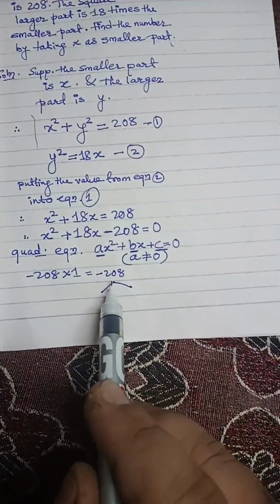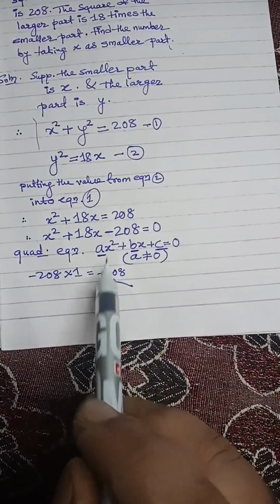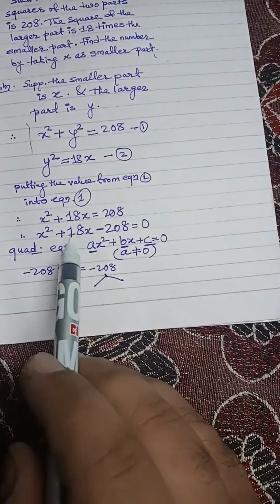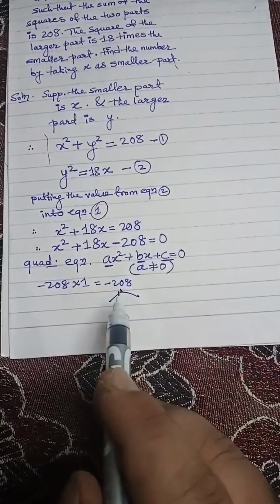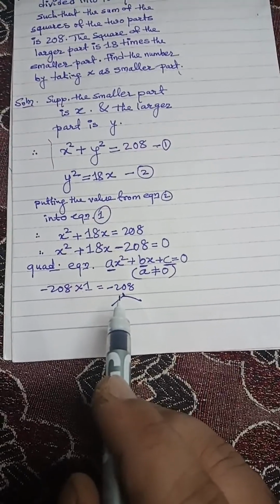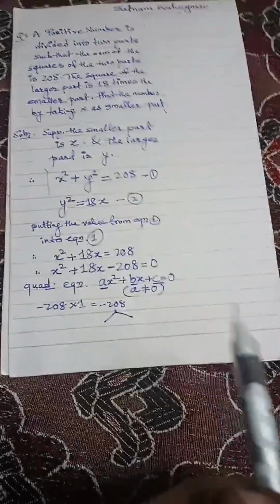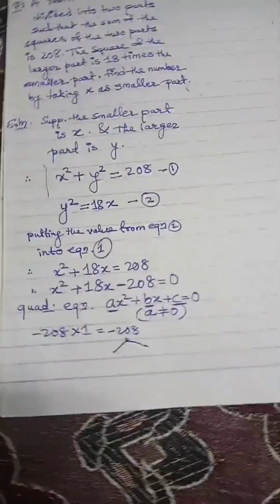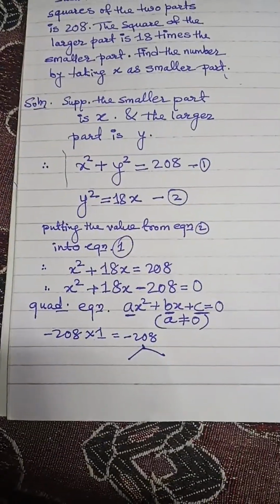We have to find two factors of 208 such that their subtraction gives us 18 in our result. So how will you factorize 208 so that we get 18?